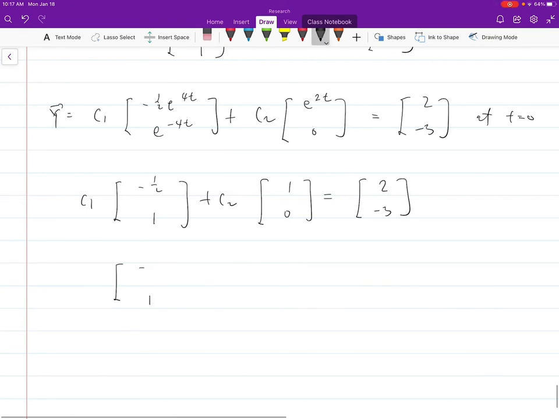If you want, you can write it into a matrix form. And by that, we automatically know, wow, this is easy.